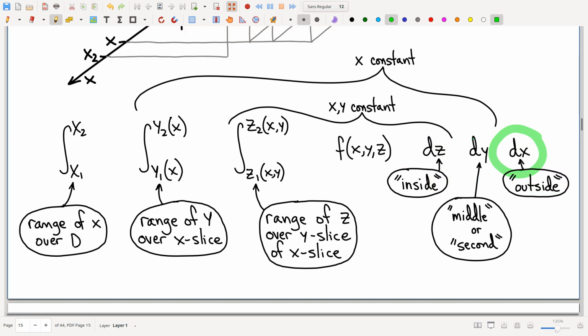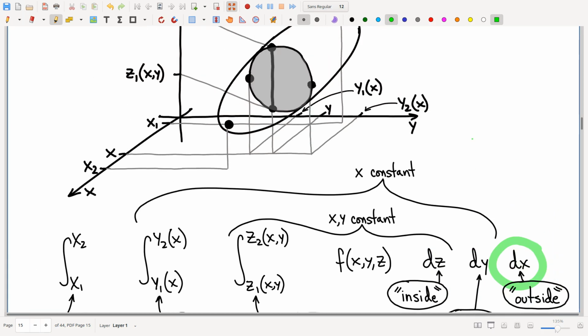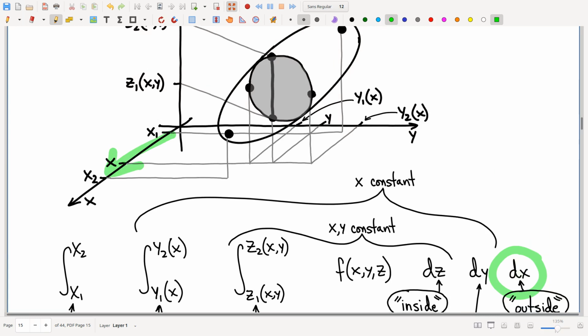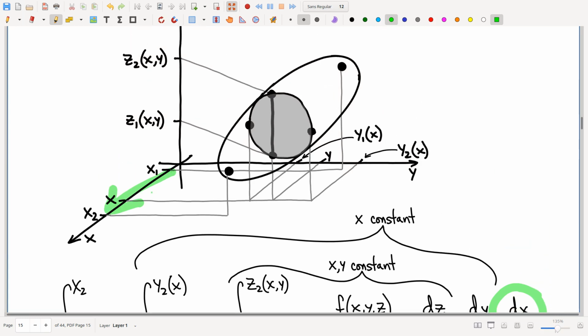We're going to start with x slices, and here we go. X goes from there to there. Our x slices are going to be something like that for this lump of a three-dimensional solid that I'm working with here, right? I can see where my first and last slices are going to come from, right? Slices like this that are perpendicular to the x-axis.